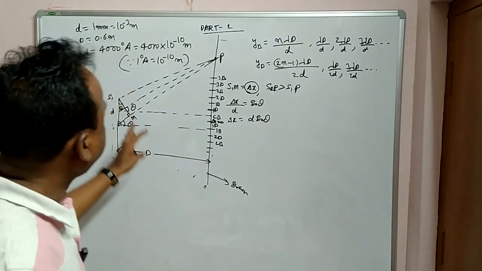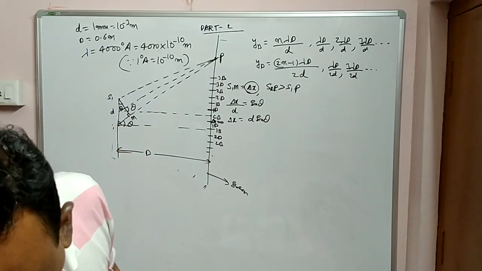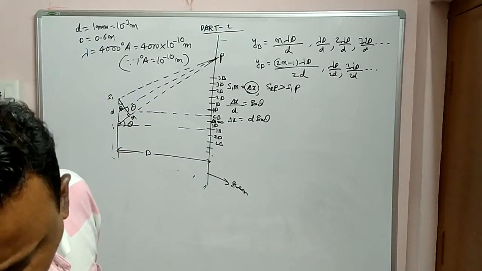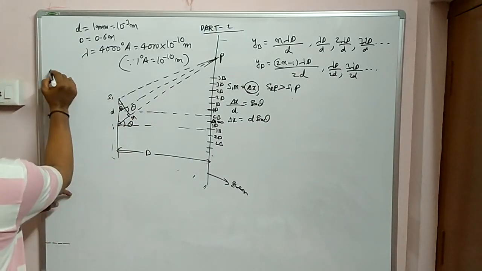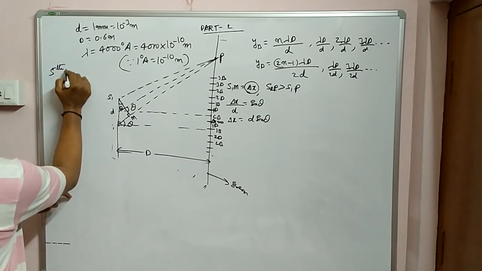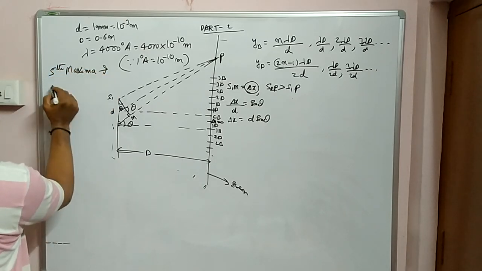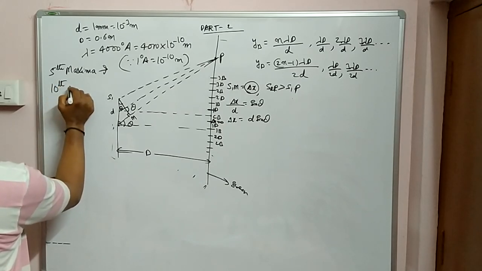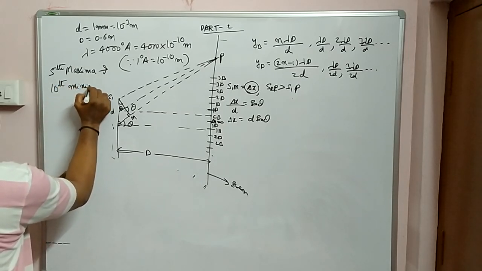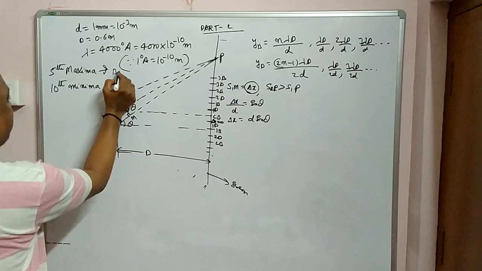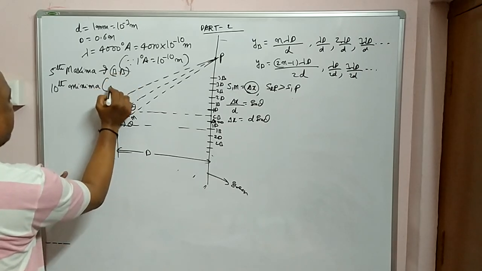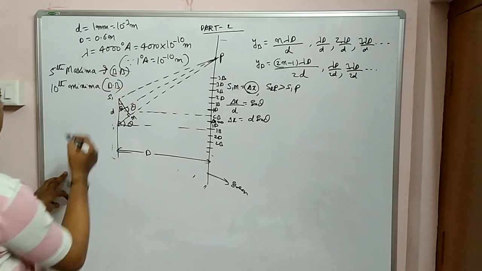Now the question says, 5th maximum and 10th minimum. Maximum means bright band, minimum means dark band.